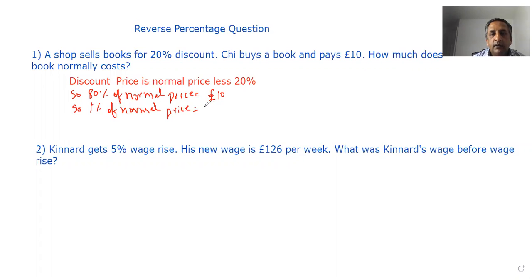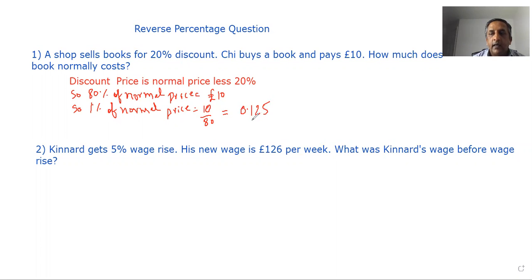We do 10, which was the price which she paid, divided by 80. You know where the 80 has come from? When you take away 20 from 100%, you get 80, right? So when you divide it, your multiplier will be 0.125, right? So this will be our multiplier.